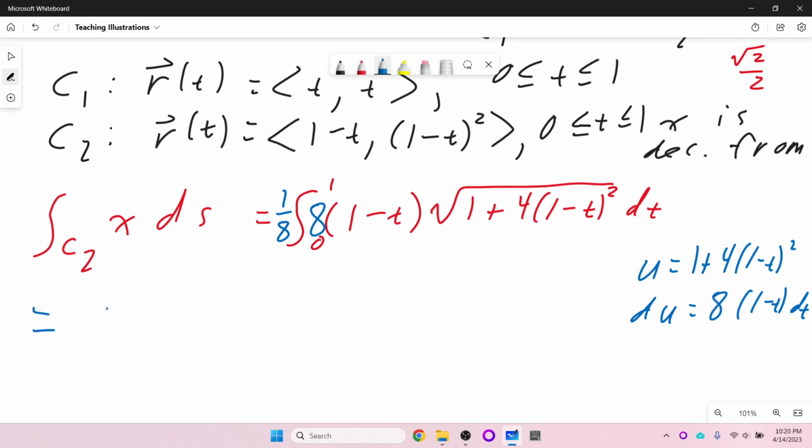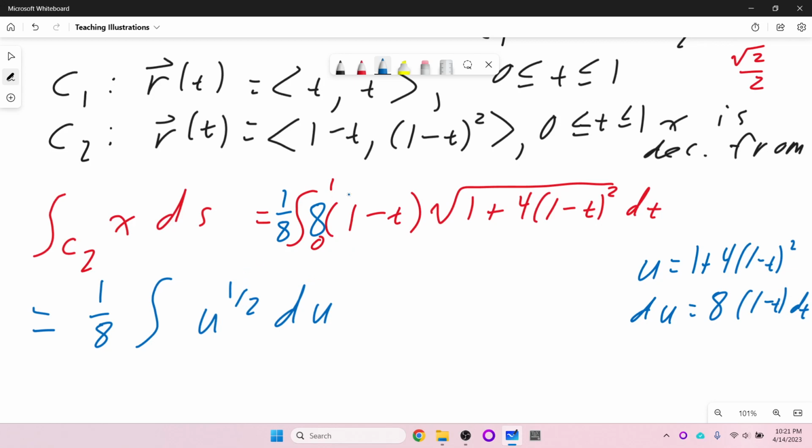So it becomes 1/8 integral of the square root of u, so u to the 1/2, and 8 times (1 minus t) dt is du. You could have tried to expand this out, but I don't think it would have helped because you'd still end up at the same derivative.